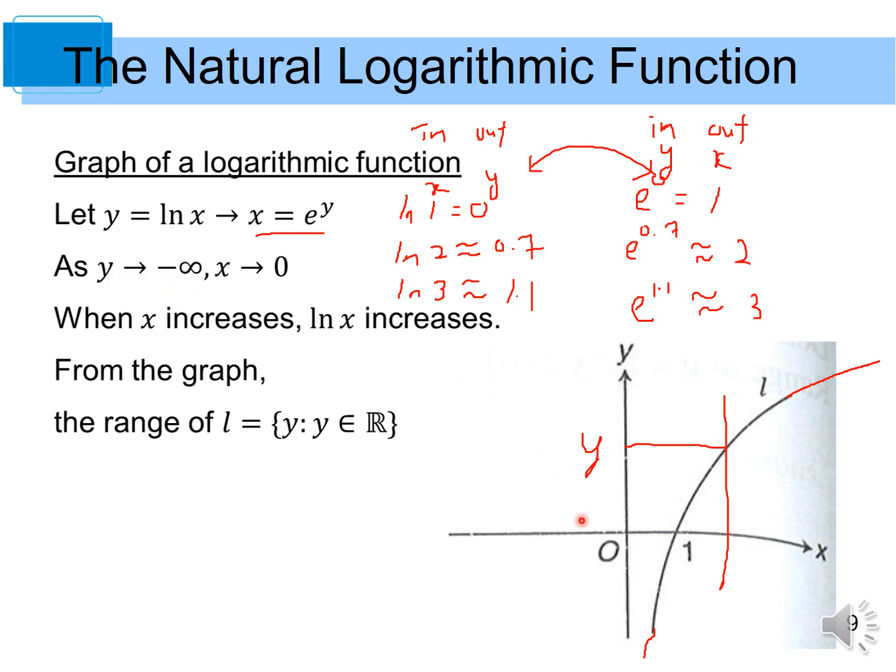The value is getting smaller and smaller, while as x increases, the curve increases. And from the curve, you will find that the range of y is valid for all real values along the y-axis.